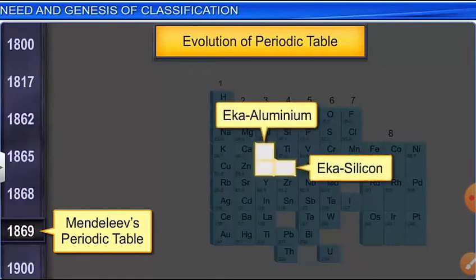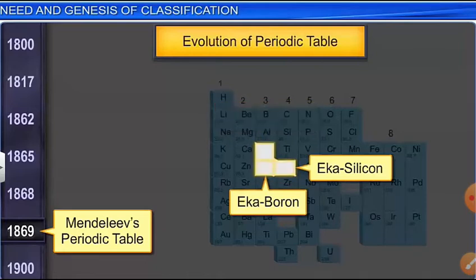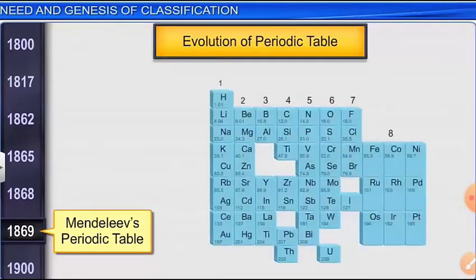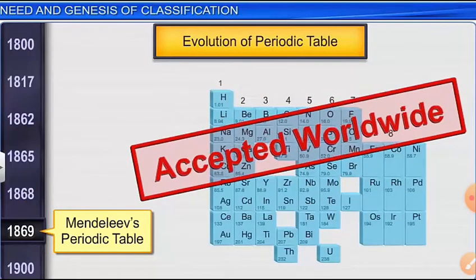So the vacant places kept in Mendeleev's periodic table showed his knowledge and hard work, that he knew a few elements would be discovered later which could be kept in those empty gaps. So he left gaps in his periodic table and the three elements were later discovered. So this was the first accepted table, called Mendeleev's periodic table.